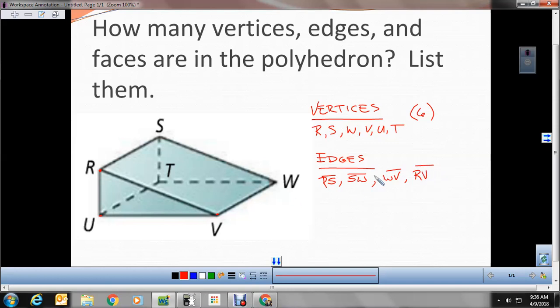Let's look at any other ones we missed. So now let's look at the bottom. We have UV going across here. We've already done VW or WV, so we have TW. Then across the bottom back here, we have TU.